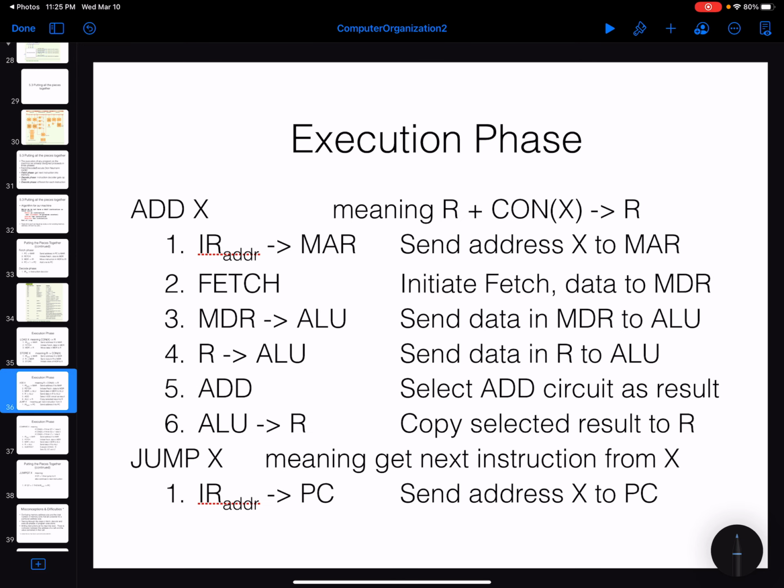I'm going to look at three more instructions here. For example, when we are writing add x, where is add x? This is the full instruction for us. It's going to have some operation code, and the last part of it is going to be that address.